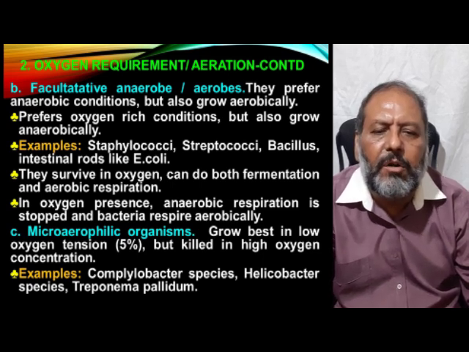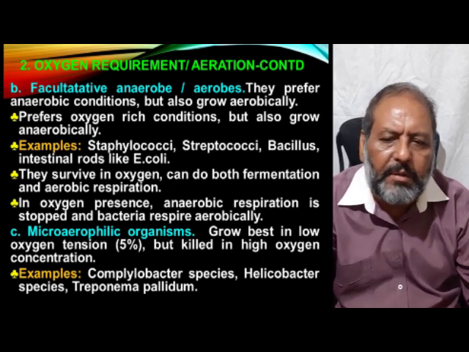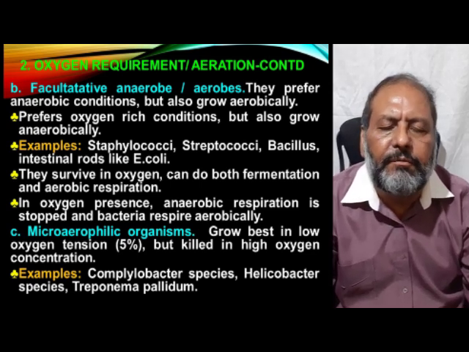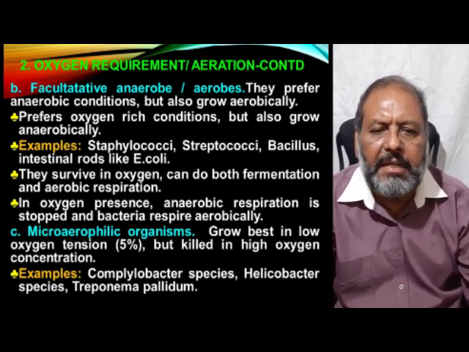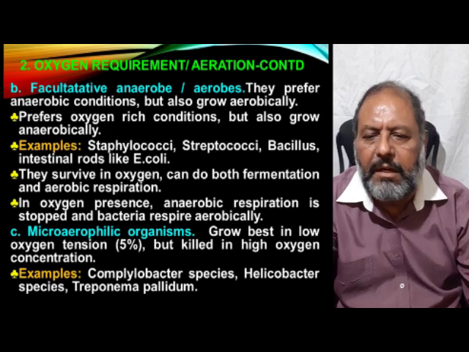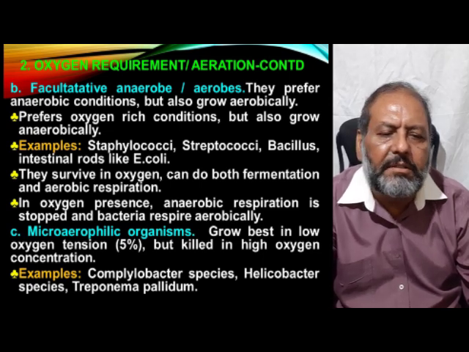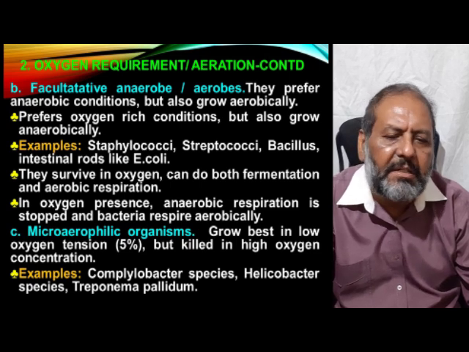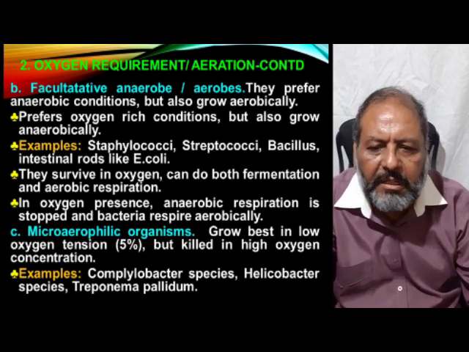They survive in oxygen, and can do both fermentation and aerobic respiration according to the environment and their need. If oxygen is present, anaerobic respiration is stopped and bacteria respire aerobically.